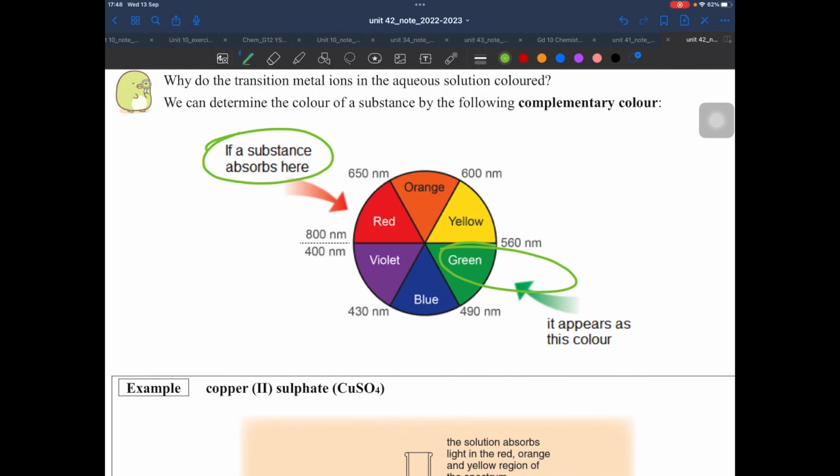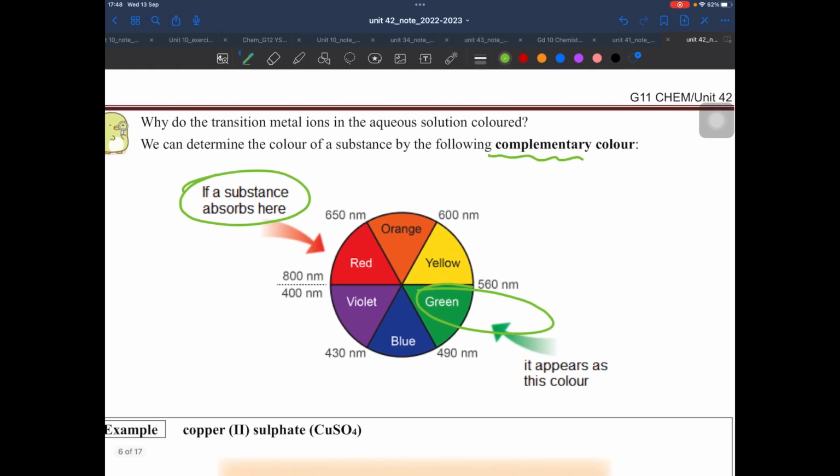No one asks you how green it is, what type of green it is. It is meaningless. We don't care. So the color wheel can give you the complementary color. That means if one day we know what color the substance absorbed from sunlight, then we can get a conclusion of what color it appears to be.